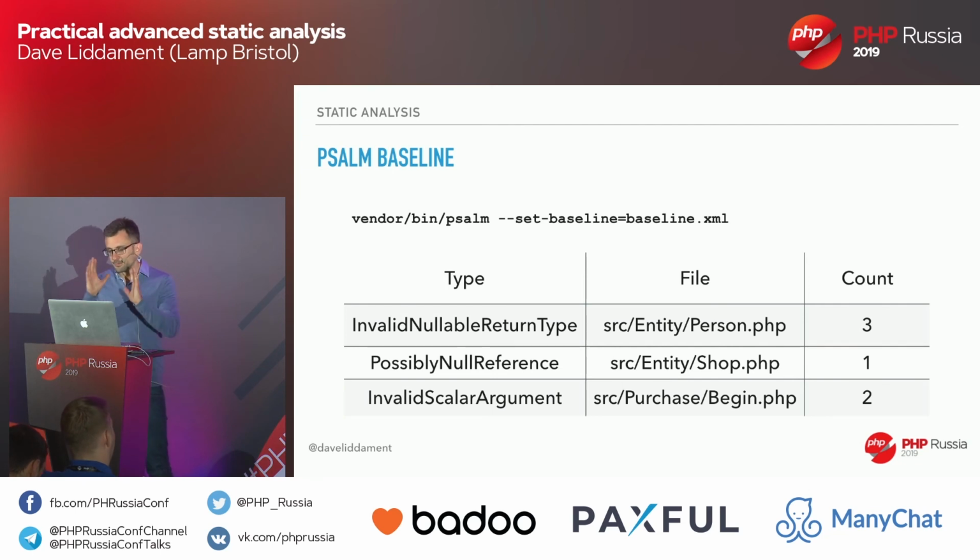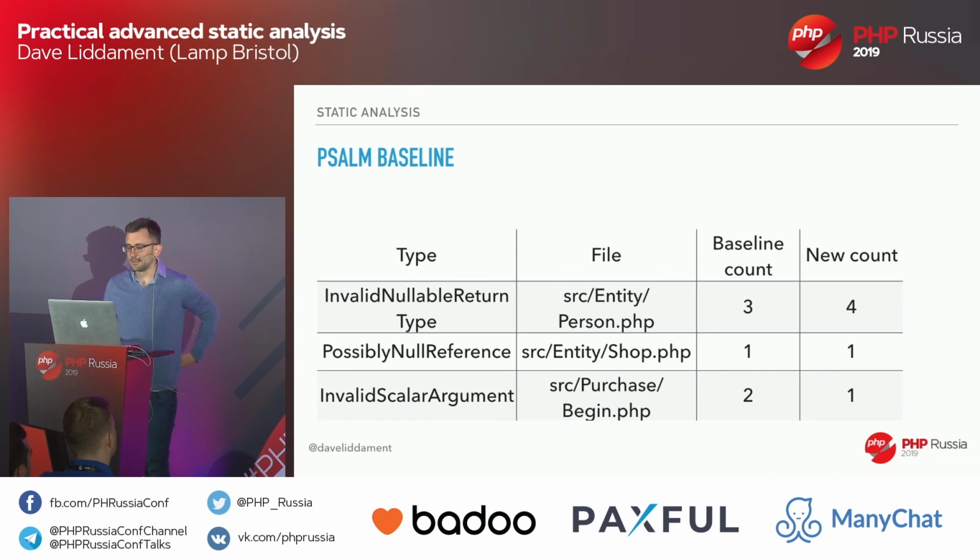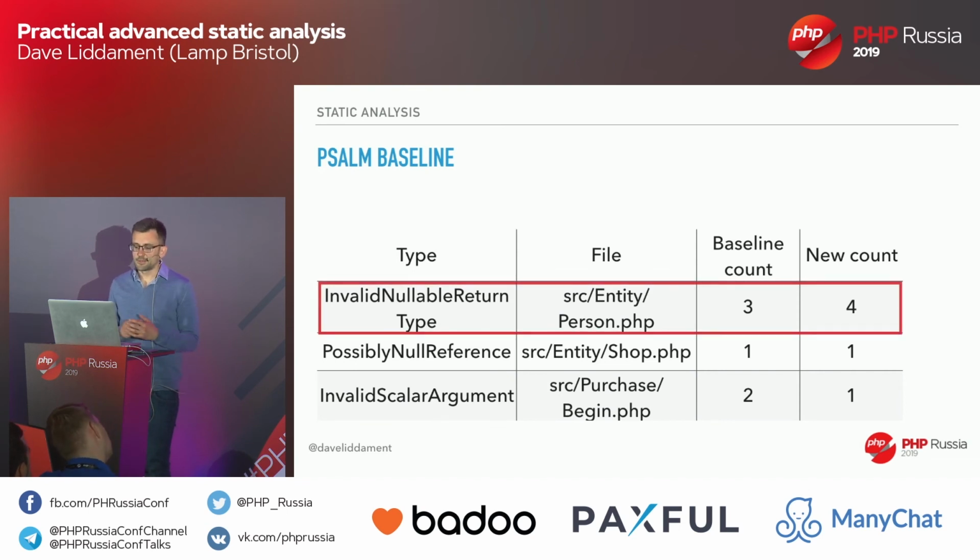And then you got your baseline, you write some more code, and then on the later run it says, well, actually, I've now found on this latest one, our new count is 4, and at the baseline we had 3, so it'll say, look, there's probably a new issue that has been introduced here.